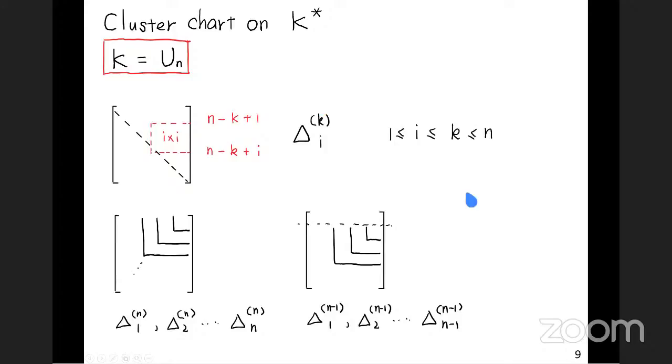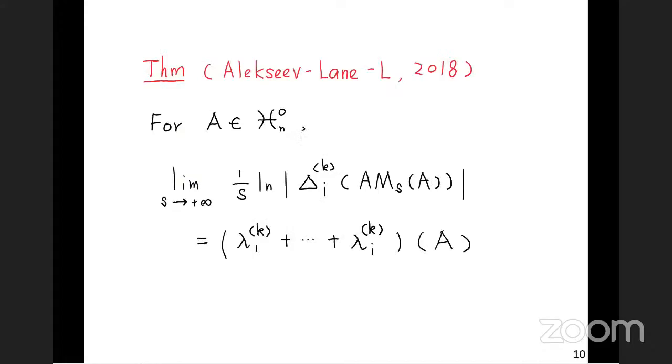With all this preparation, I'm ready to state one of the main theorems of this talk. If we take an element A in the Hermitian matrices, which is isomorphic to u(N) star, and apply the Ginzburg-Weinstein map with scaling S, this becomes an upper triangular matrix.